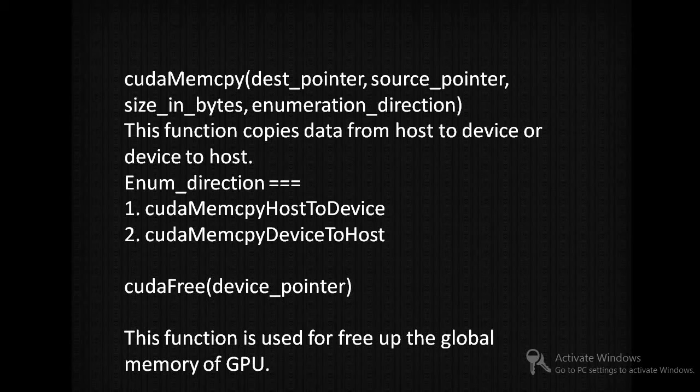Usually we use two types of enumeration direction: cudaMemcpyHostToDevice and cudaMemcpyDeviceToHost. We use cudaMemcpyHostToDevice when we want to copy data from host to device, and vice versa. cudaFree. This function is used to free up the global memory of the GPU. cudaFree contains only one parameter, that is the device pointer.